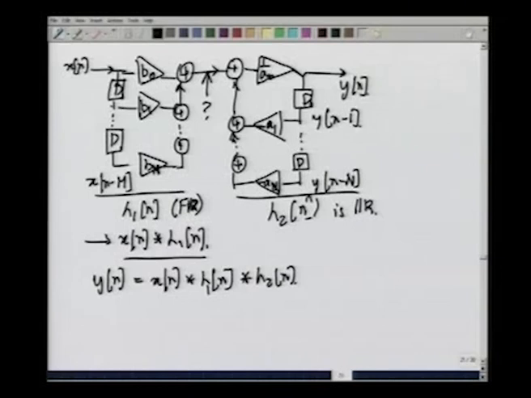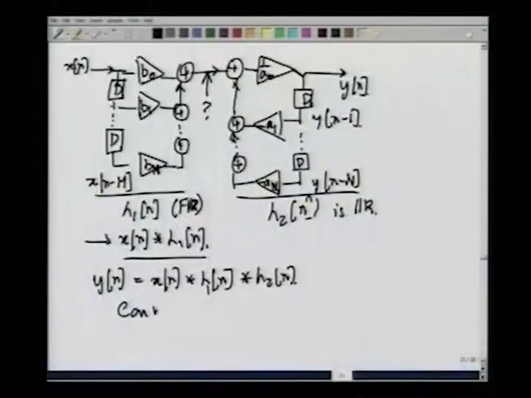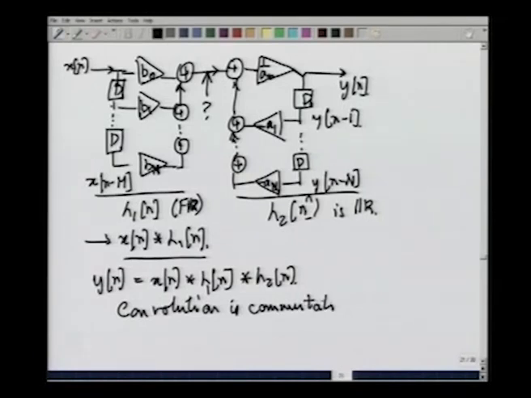An important thing that we can now do is remember that convolution is commutative. So, we can as well write yn as equal to xn first convolved with h1n and then convolved with h2n.